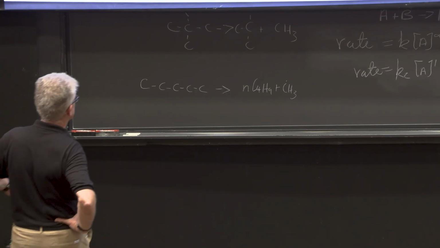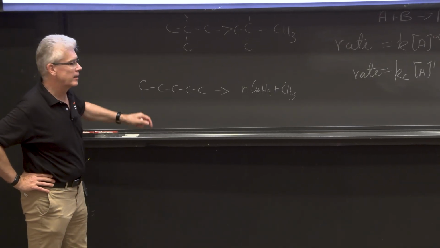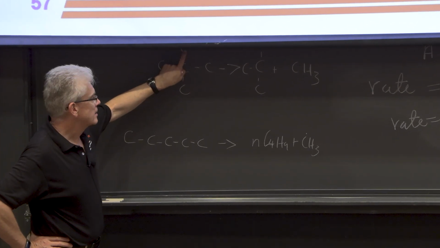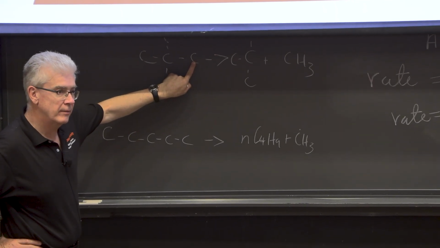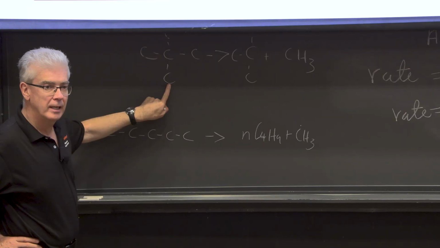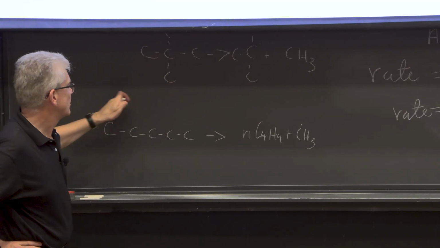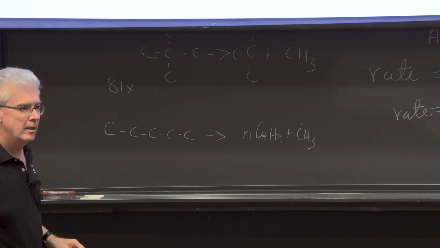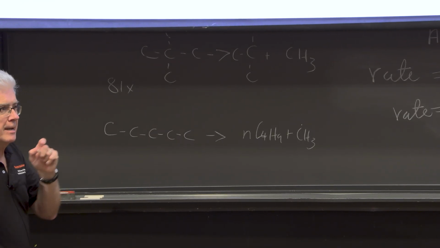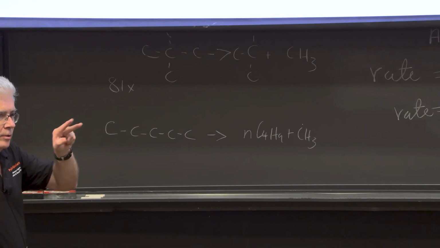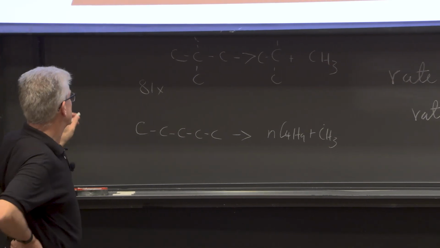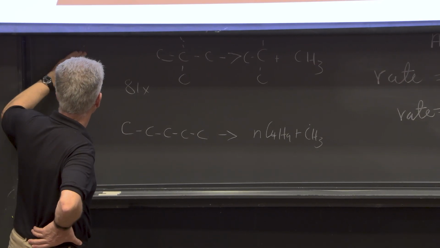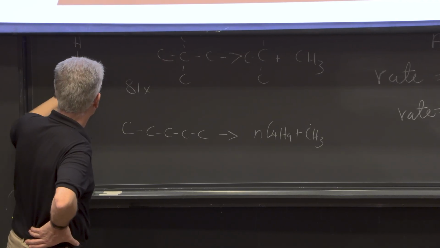Okay, so let's do it together. 3 times 3 is 9, times 3, 27, times 3, 81. So it's 81 times something. Let me go away for a second, and I'm going to come back with methane. What's the symmetry number of methane?